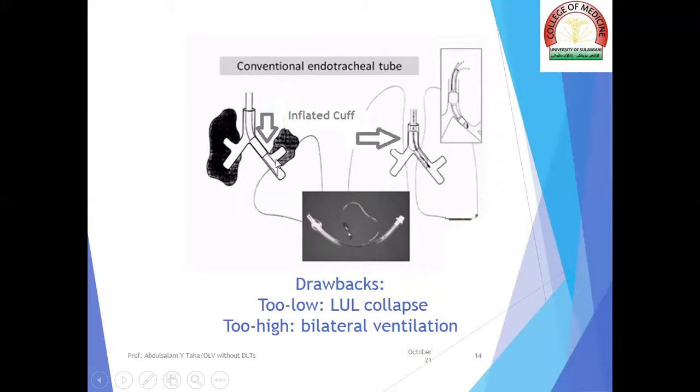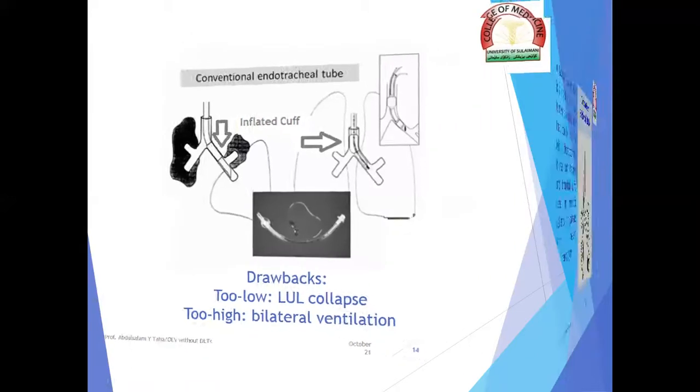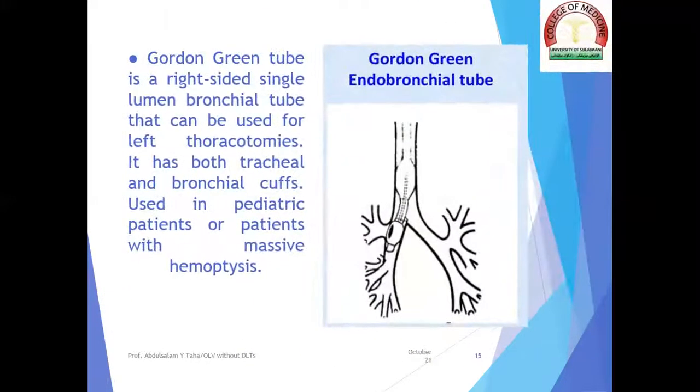If we want to solve the problem and we withdraw the tube above so that the balloon will be above the level of the carina, in that case, we'll have a state of bilateral ventilation rather than block it. So it is not an ideal method for achieving one lung ventilation.